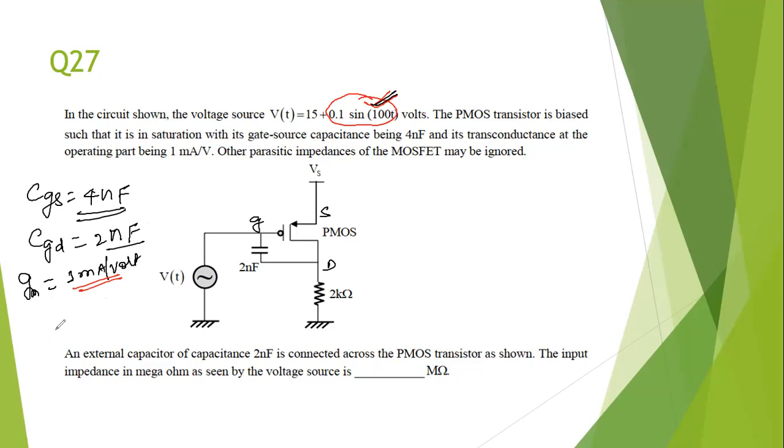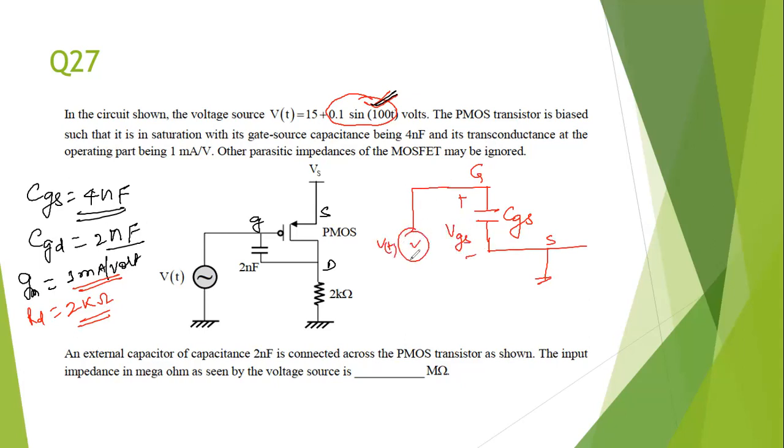And the load resistance RD, sorry, load resistance, this is 2 kilo ohm. Now find out this one. So this is your CGS capacitance, gate to source. Source terminal is ground. This is your gate terminal. This potential is VGS and this is your VT, ground.